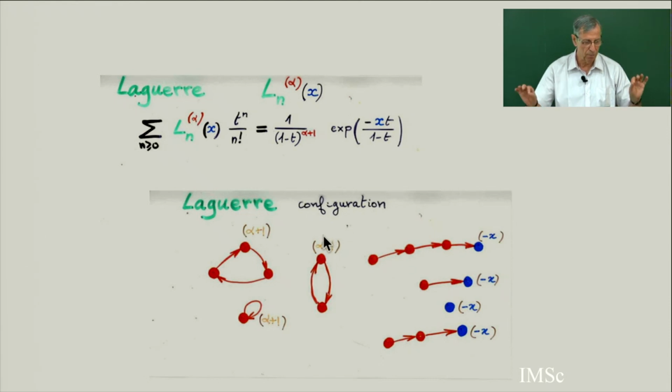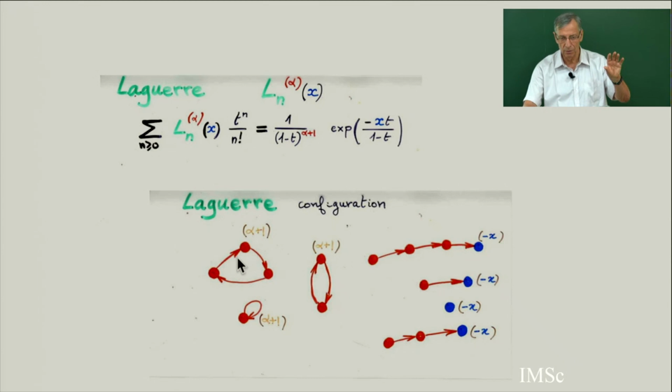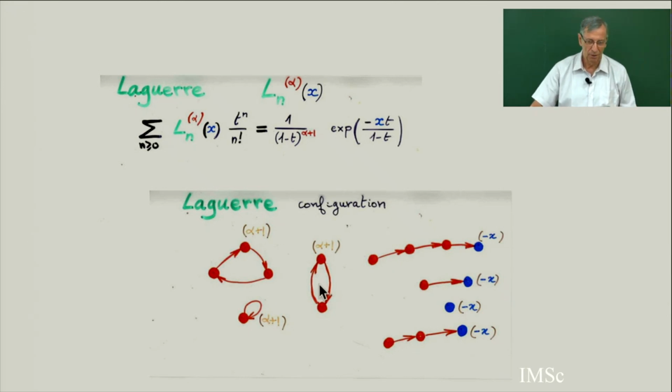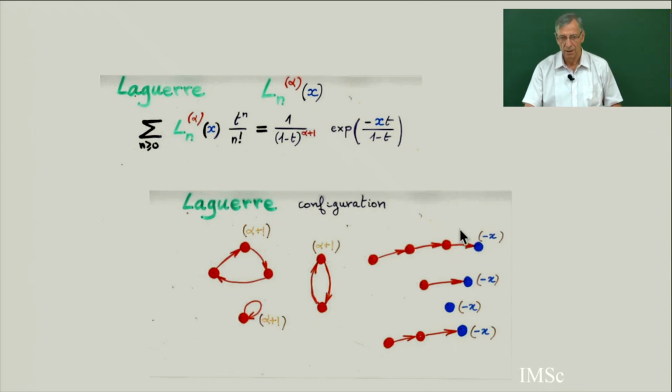The elements are labeled 1, 2, 3, 4, 5, n, and you have a partition into disjoint cycles and disjoint chains, totally ordered subsets, like this. Each of these is counted by n factorial. It's a permutation as a word, a permutation in cycle notation, with these two different weights, alpha plus 1 and minus x. And so this is a Laguerre polynomial indexed by alpha.